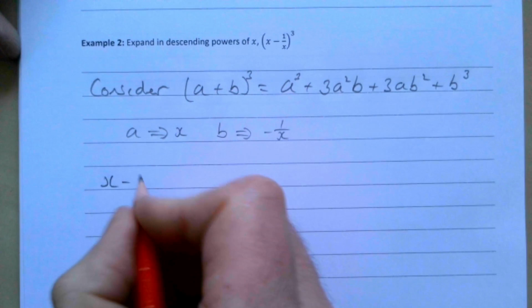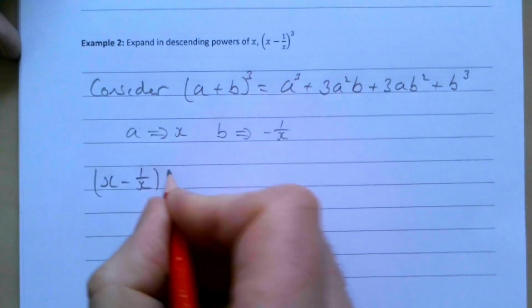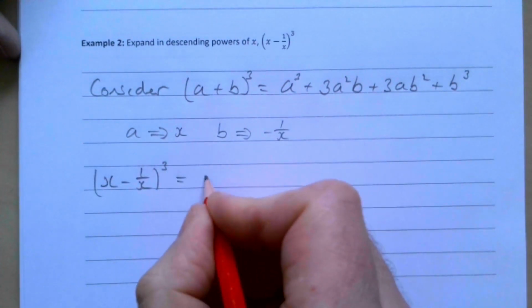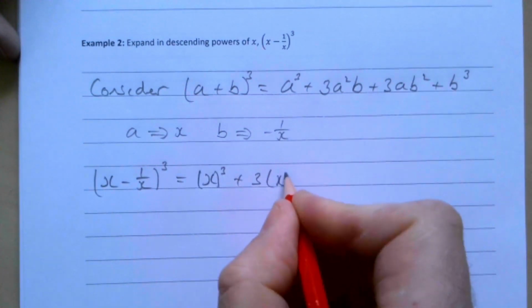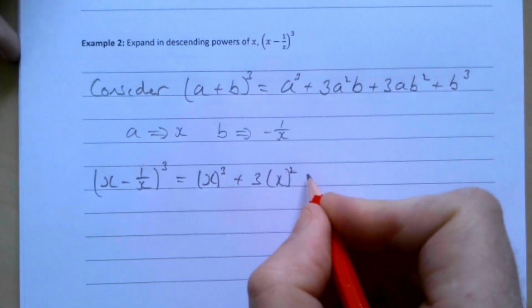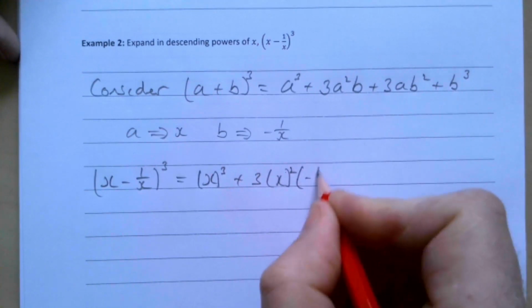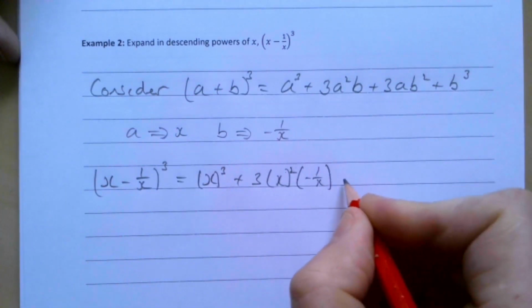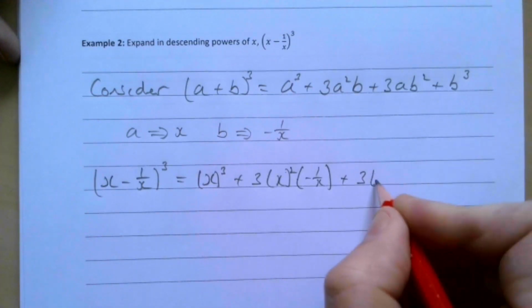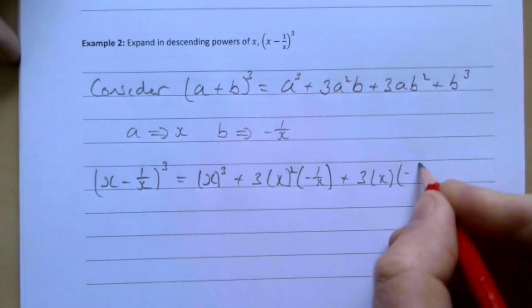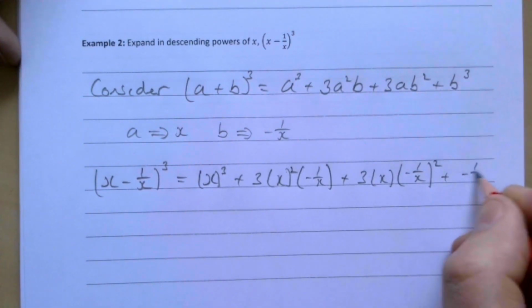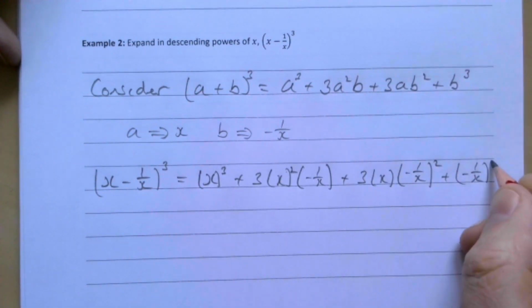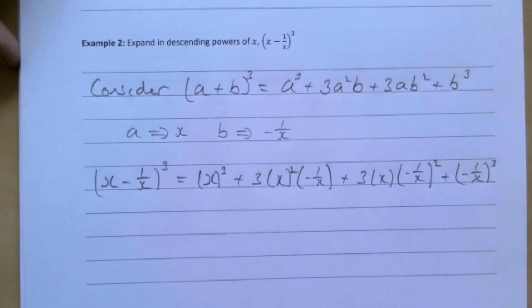So (x - 1/x)^3 is x^3 + 3x^2(-1/x) + 3x(-1/x)^2 + (-1/x)^3.